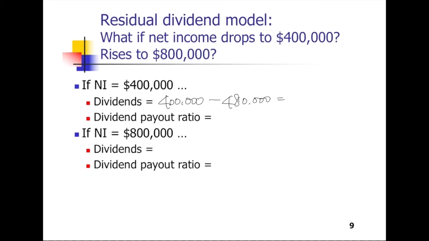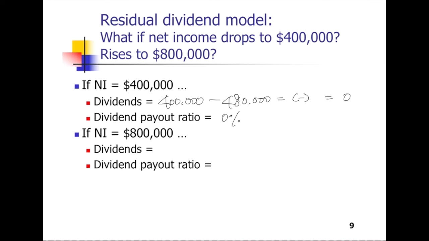What happened? A negative number, right? But dividend cannot be negative, so we can write 0. There is no dividend. So the dividend payout ratio is also 0%, right?